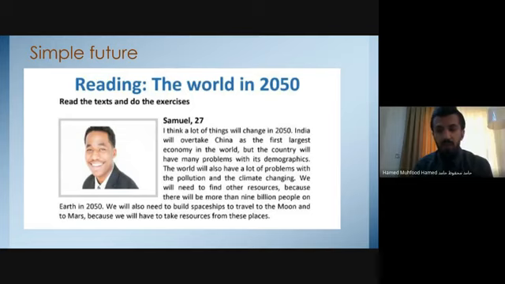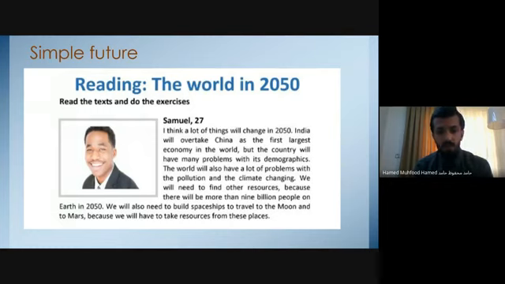Yes, that's right. So according to Samuel, we will have problems with, first, pollution, especially now that we are talking about India, which he says will take China's place as the largest economy.